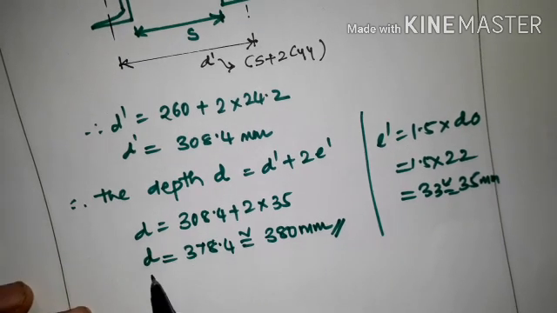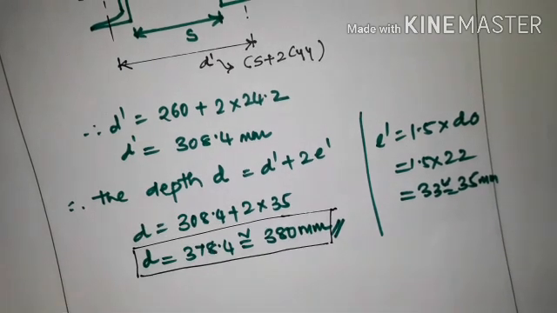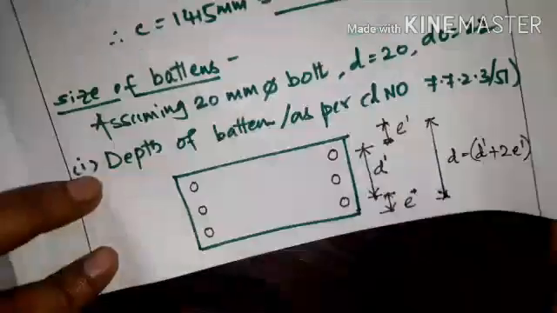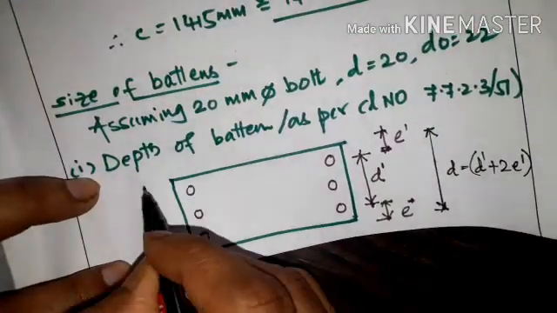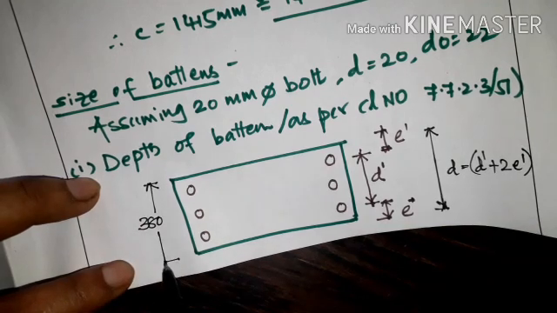So we got the depth now, the depth of plate. In the figure, the total depth of plate we got as 380 mm. Understood?